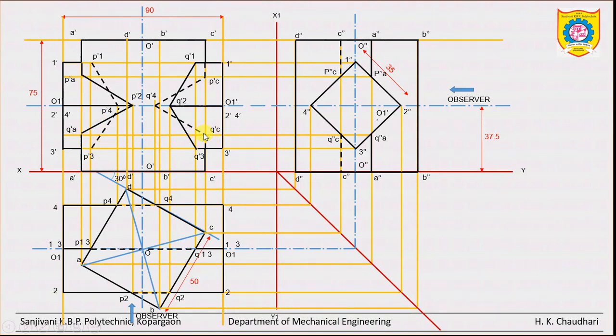Can you guess whether they are thick or hidden? Yes, see, obviously when we join by thick lines, the remaining part should be hidden. That means a hidden line starts from a hidden corner or hidden node, and a thick line starts from a thick, that means front corner. Okay, so just draw this part hidden, and this side also again here.